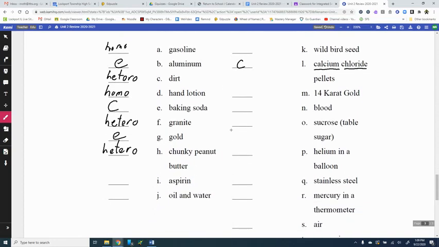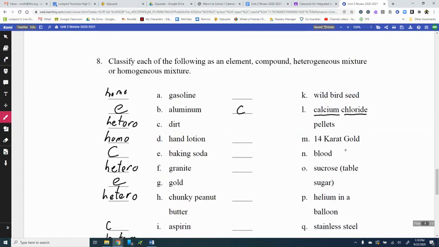All right, next is aspirin. Aspirin is a drug, and that is the chemical name of the drug, so that is a compound. Oil and water. So oil and water separate from each other, so that is going to be a hetero mixture because you can see the different parts, the oil and the water separated.